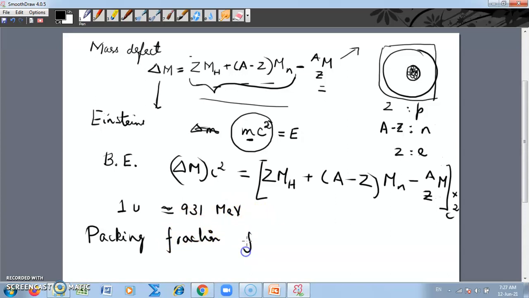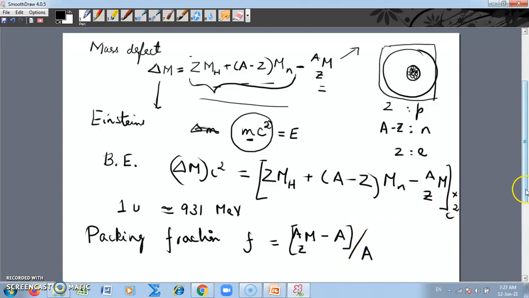It is denoted by small f, and it is equal to (M_Z^A minus A) divided by A. And what is M_Z^A? It is the mass of the atom. This is said to be the packing fraction.